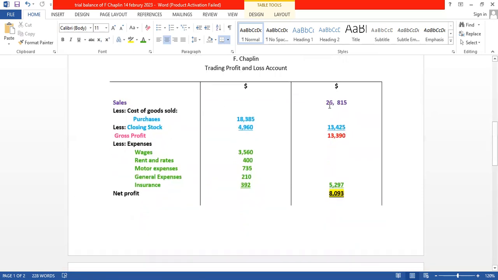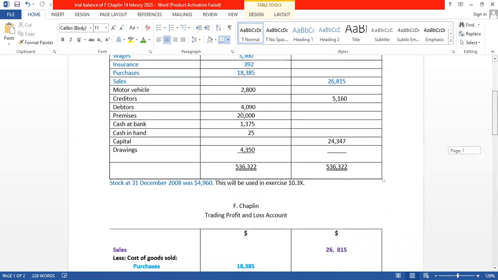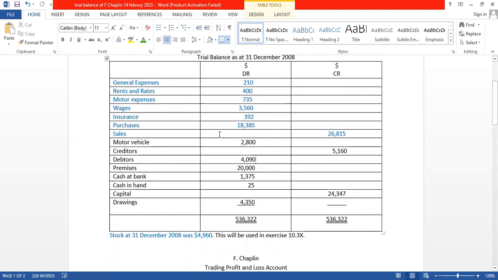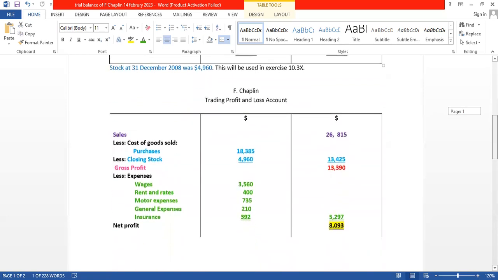It says sales is $26,815. All we did here is copy this figure for sales, and put it on the trading and profit and loss account under the second column with the dollar sign.